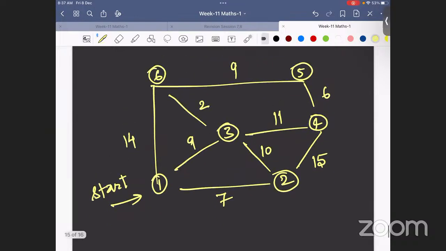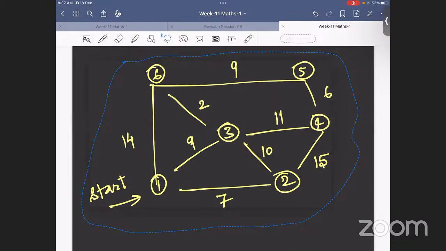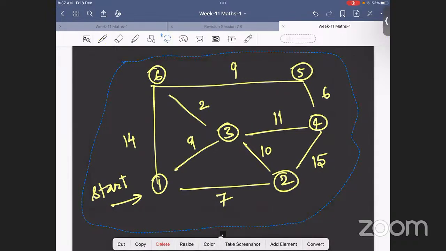I'll just try to give you an idea. Or maybe you can just start with one and reach 4, you can reach it.